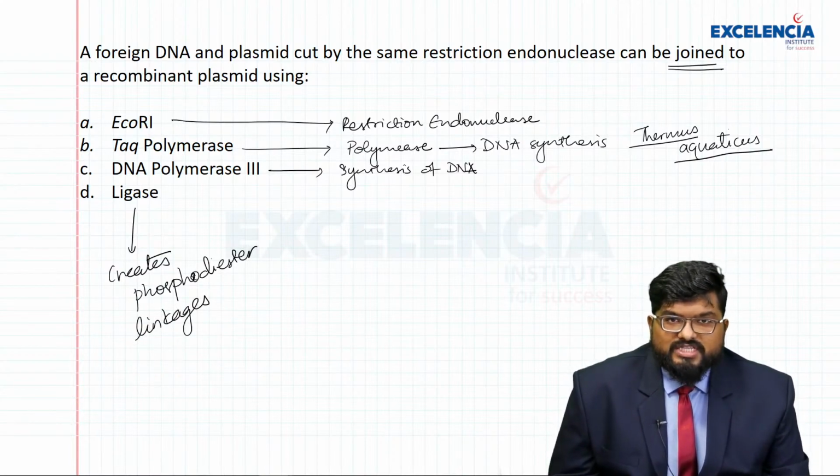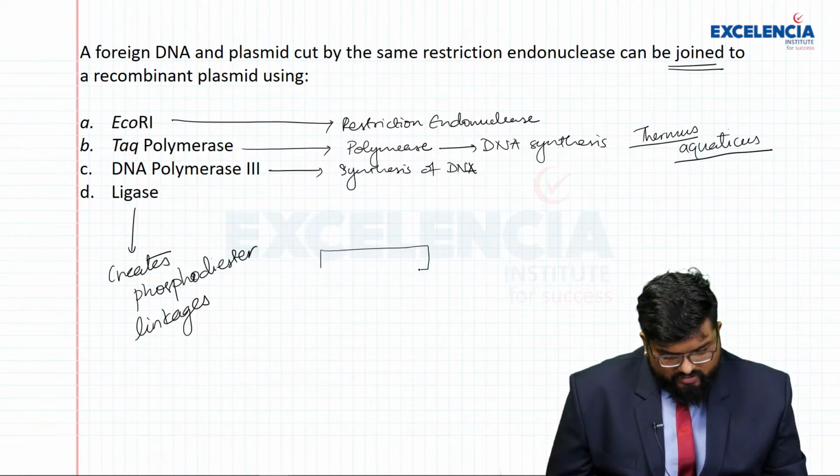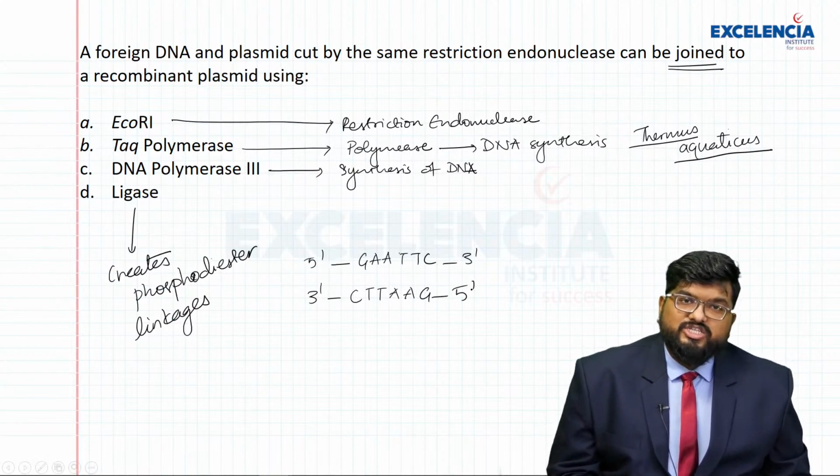So EcoR1 is a restriction endonuclease. If we have this particular DNA molecule, EcoR1 will recognize a sequence called GAATTC, 5 prime to 3 prime, 3 prime to 5 prime. This is the restriction site.